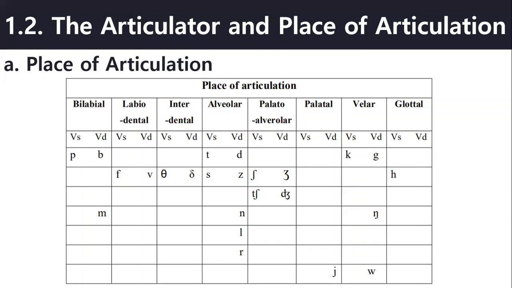As you see in this table, we have bilabial, labiodental, interdental, alveolar, palato-alveolar, palatal, velar, and glottal. Next in the course, we are going to go through each one of them, give examples, and specify which letters or sounds are voiced and which are voiceless.